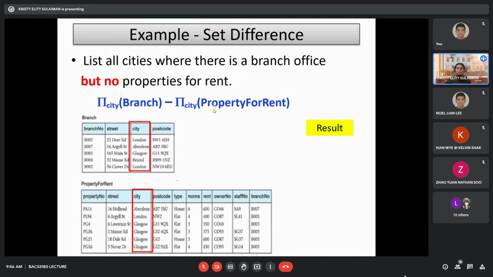Because we have this condition, no properties for rent, we still refer to branch and property for rent.